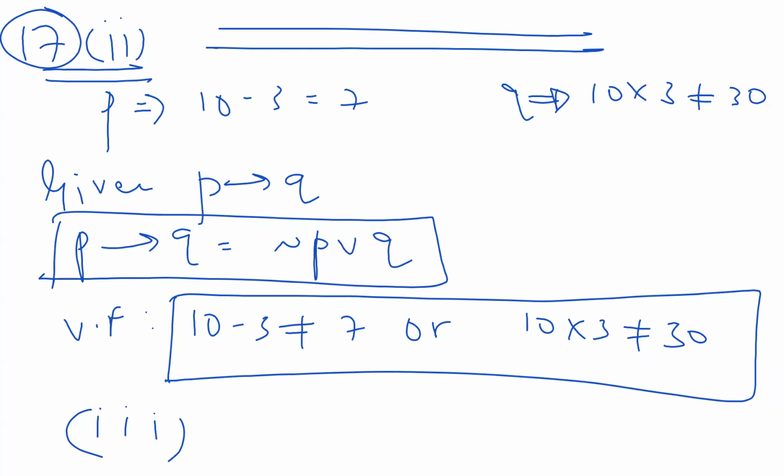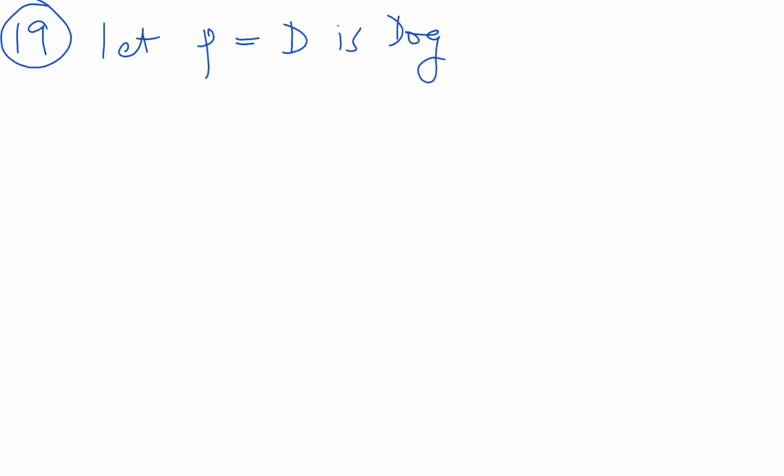Question number 19. Mark it very important. Okay. Consider the following statements. If D is dog, then D is very good. So let initially P be, let means we are assuming, D is dog, Q is, D is very good.